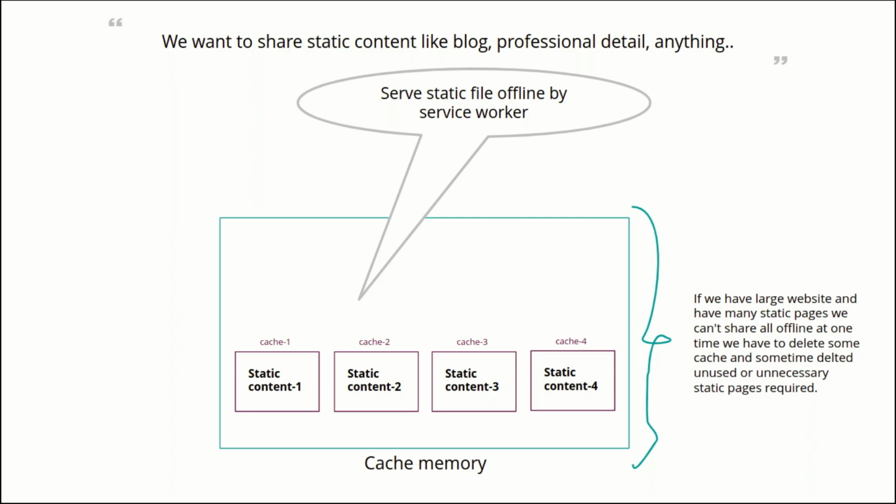Sometimes you want to share very important information like professional details and blogging. You can do that by managing the cache memory, and sometimes deleting unused and unnecessary static pages is required.